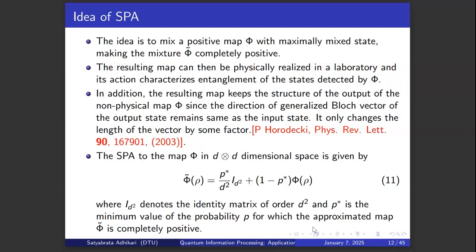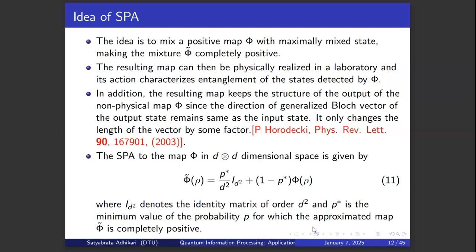Since phi is a positive map, and ID square is also a positive map, the combination of these two positive maps may be positive, may be negative, but it depends on these proportions. So there exists some critical value of P for which this mixture will be positive.